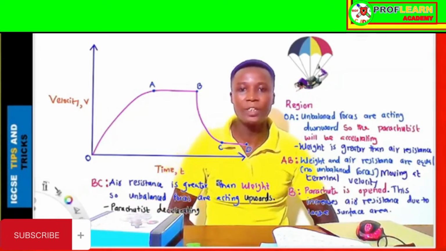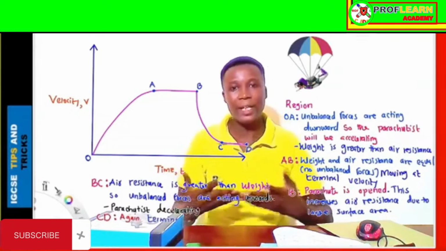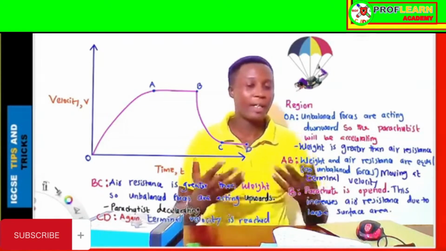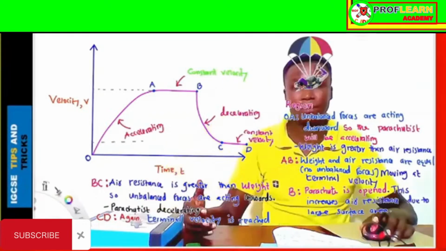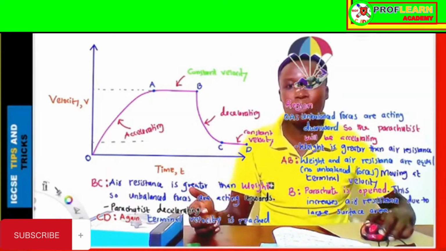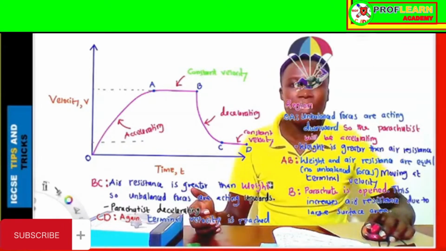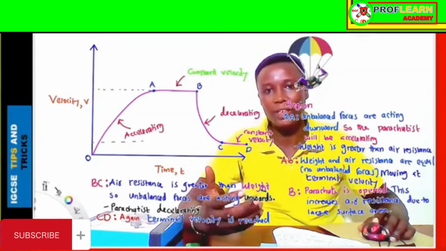Lastly, we have the region CD, and CD is when weight and air resistance are equal again, and that is now the second terminal velocity that is attained. Now we can summarize and say in the region OA, the person will be accelerating, AB will be moving at a constant speed, and that's what we call the terminal velocity.